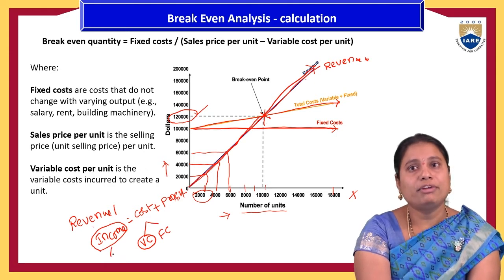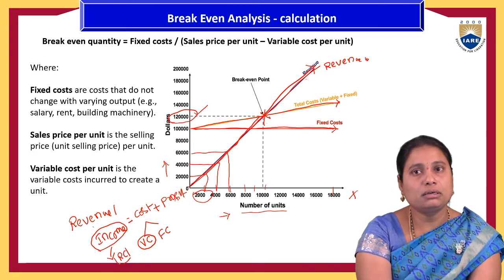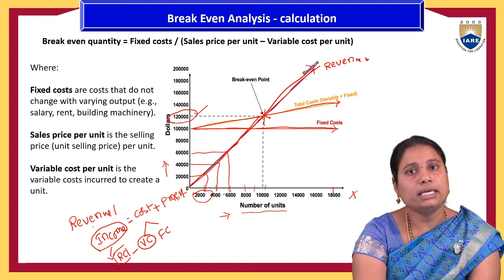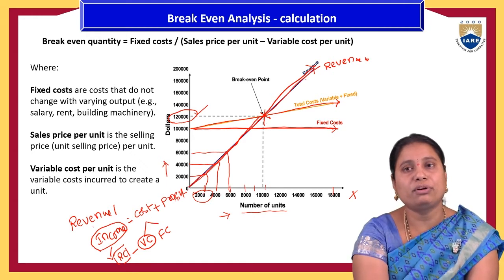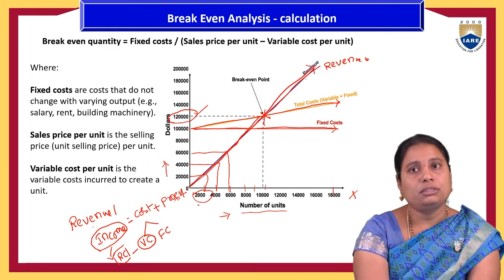So that's why the variable cost and the revenue curve both remain almost equivalent or parallel, because they are proportionate to the number of units sold and the number of units produced.